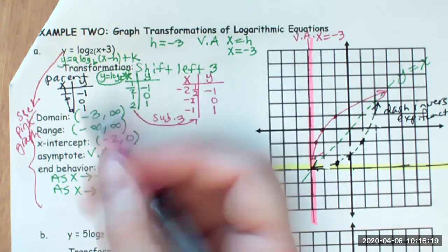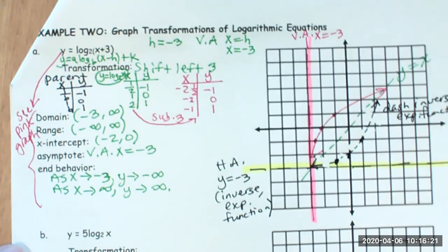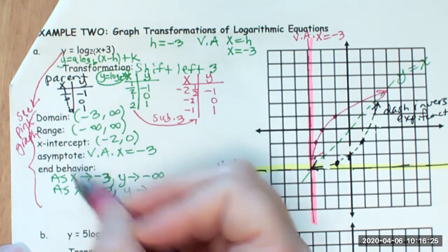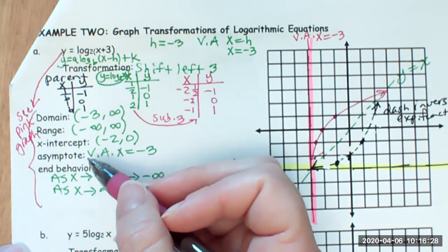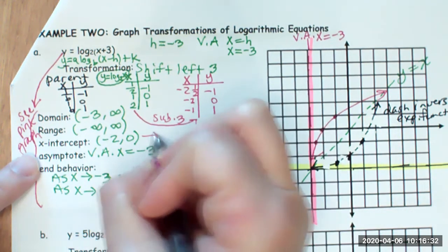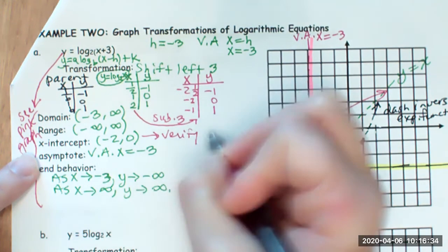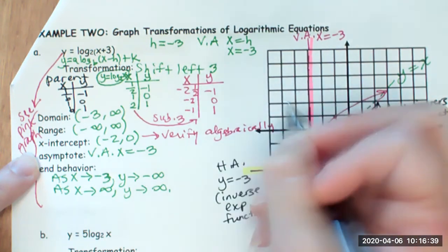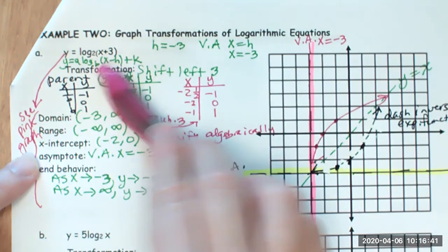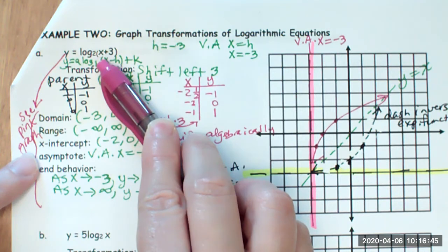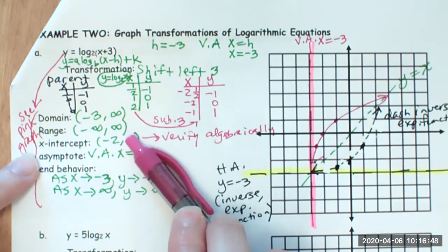All right? So I'm just going to go onto the back of these notes for a moment because I don't want to clutter this up. And if you printed back to back, you could just use some separate paper if you want. But I just want to verify it algebraically. Okay, so we're going to take this y equals log base 2 of x plus 3, and we're going to calculate the x-intercept and see that it comes out to -2, 0.